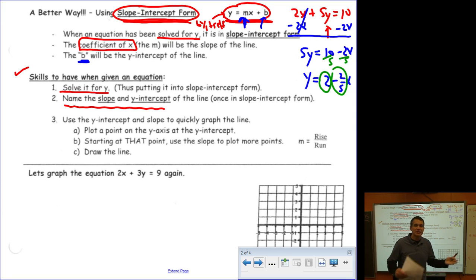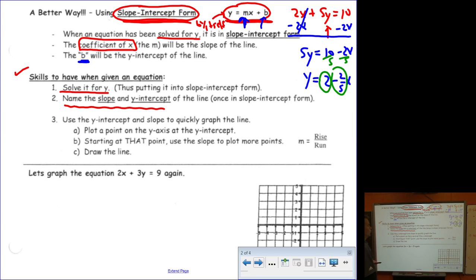Do you recognize which number is which in the equation? The slope is always going to be the number that is the coefficient of x, and the y-intercept is always going to be what we call the constant term, which is the number that is not attached to a variable.